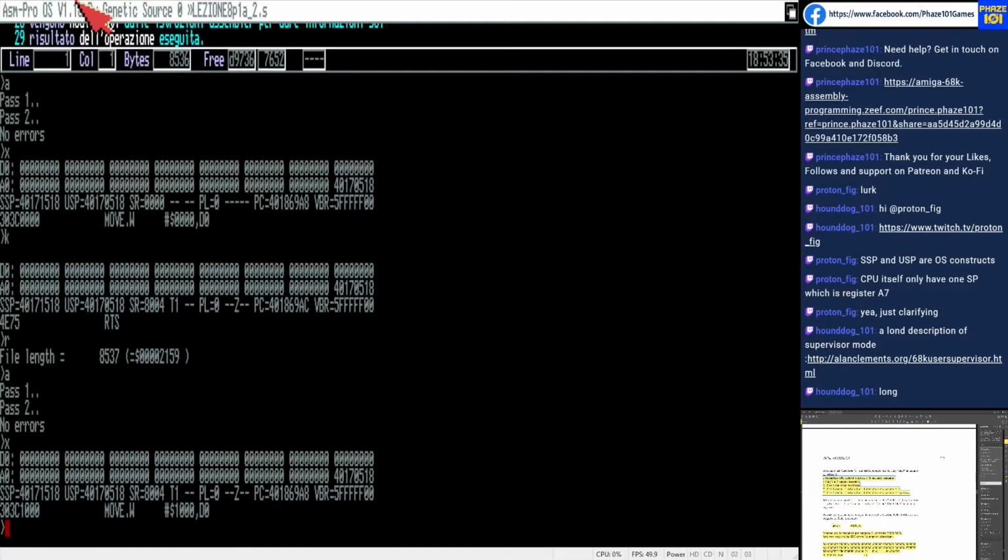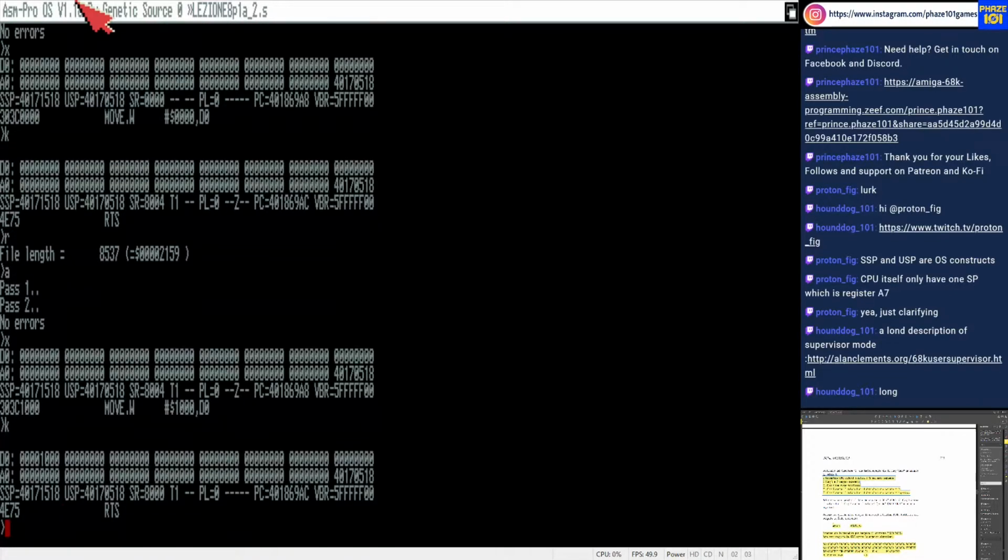And our instruction now is move.word, but this time 1000 into D0. So now we are not moving 0. So you can imagine that when I execute that instruction, the Z flag is unset. It's not on anymore.